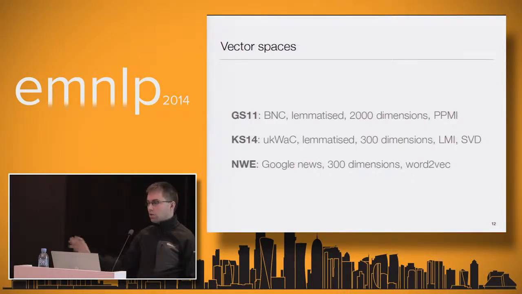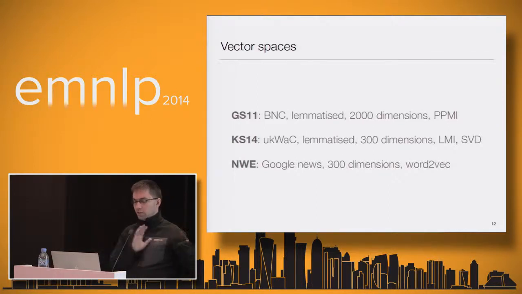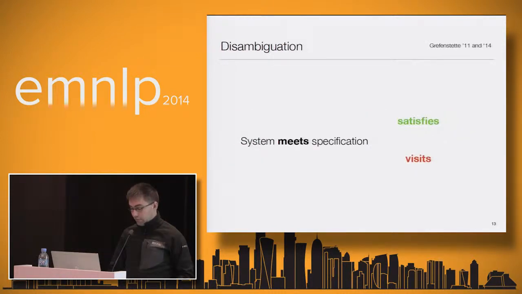And our goal was to compare. Here we have vector spaces which were built knowing what you're doing, and they proved to be useful. And we just take neural vectors, and we want to compare how they behave. So the first task was the disambiguation task, and it's as follows. You get a sentence, "system meets specification", and we assume that "meets" here can have two meanings, satisfies and visit.